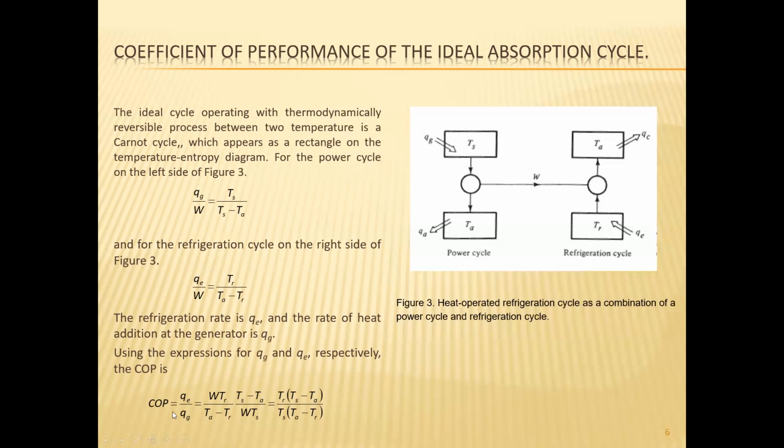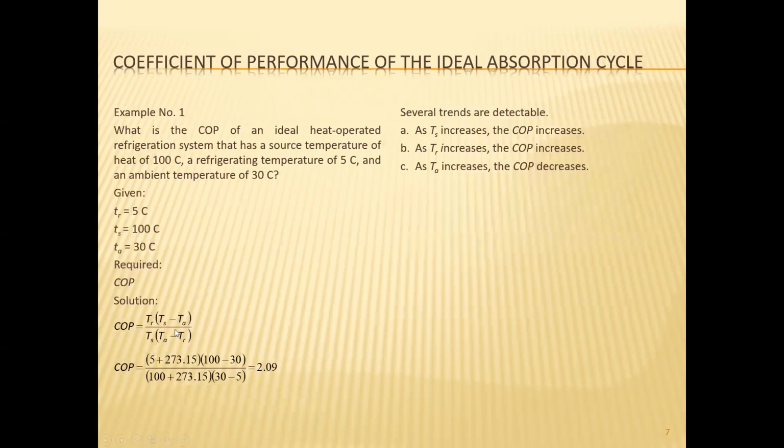The COP is equal to QA over QG, or W TR over TA minus TR times TS minus TA over W over TS, or TR times TS minus TA over TS divided by TA minus TR. Yan yung equation ng COP para sa absorption cycle as ideal. So example number 1.